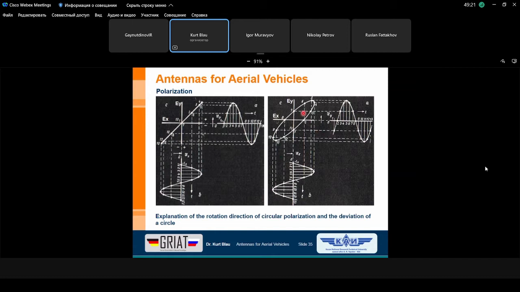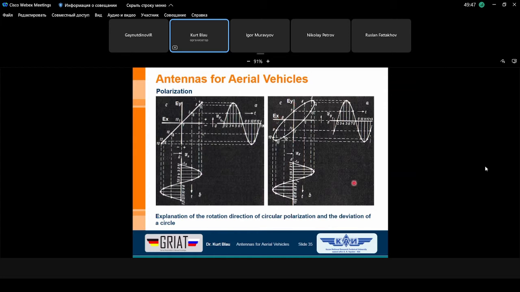If we want to have exactly circular polarization in this direction or in another one, then we have to ensure that the phase difference between both voltages, again with the same magnitude, must be 90 degrees. Yeah, if we make the offset of exactly 90 degrees, then you can see here a perfect circle.